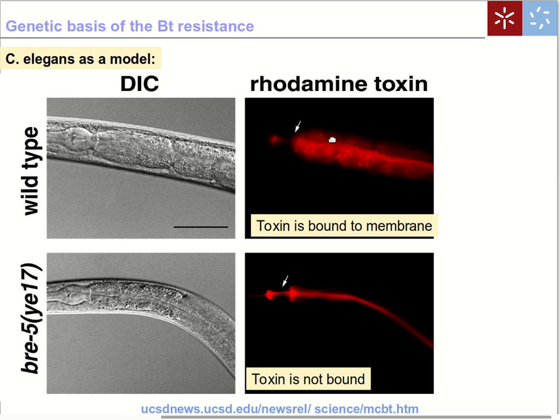So you can see here that in a normal worm the toxin attaches, it lights up the inside of the worm. But here we have a mutant that is somehow mutated so that the toxin doesn't seem to bind to the interior of the worm. This was not something found in nature, but a mutant isolated in the laboratory in order to study possible mechanisms of resistance.